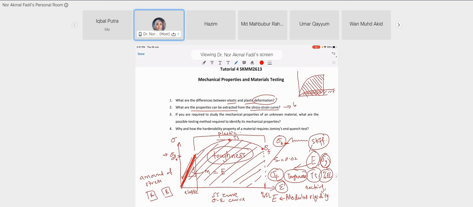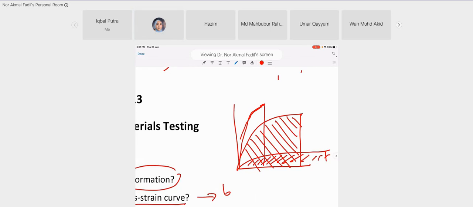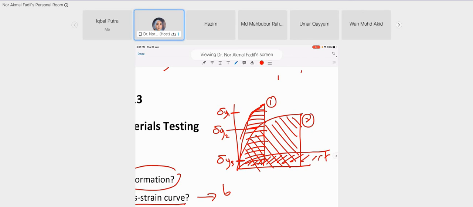And let's say you have another curve like this. Even though this one has a high yield strength, this one a slightly lower yield strength, and this one a very low yield strength, if you compare 1, 2, 3 and look at the stress-strain curve, between 1, 2, and 3, number 2 has the highest toughness.